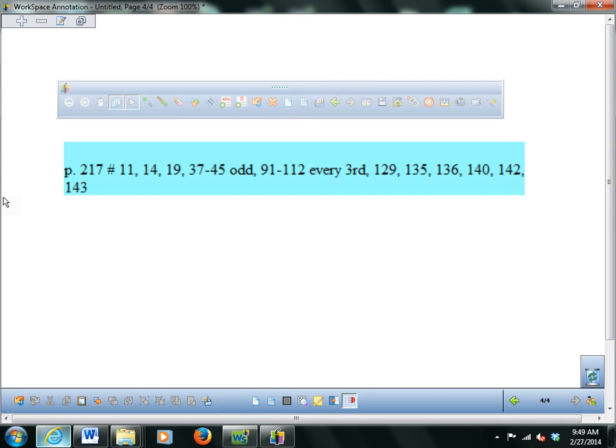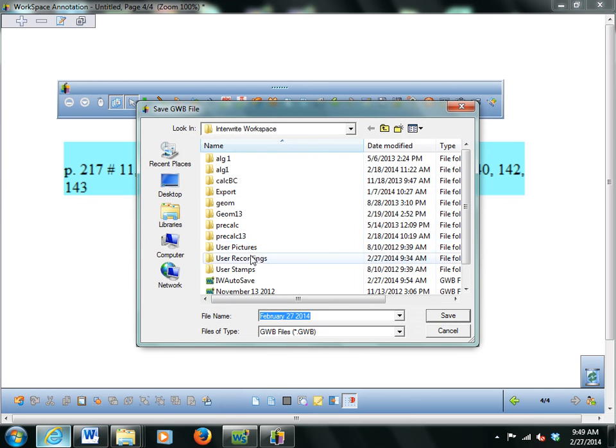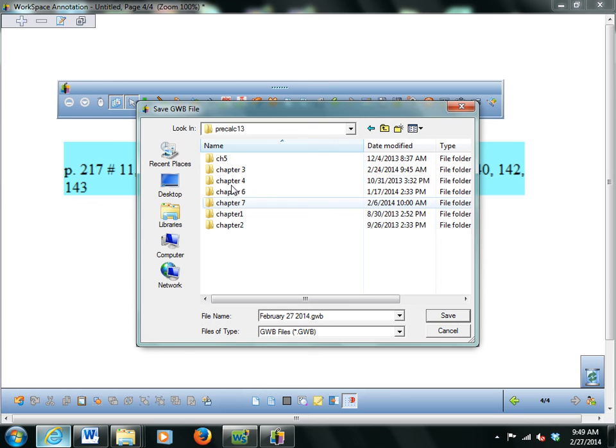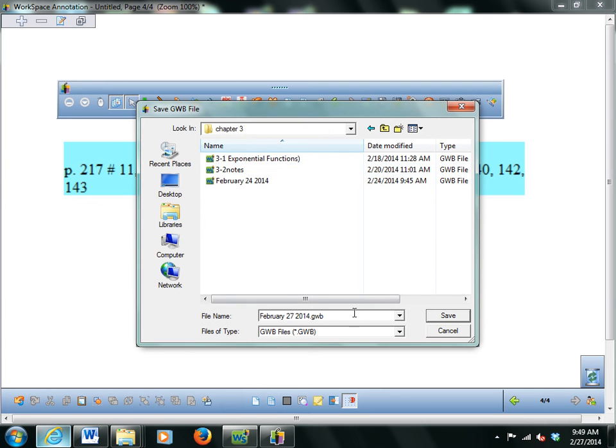So it's the breakthrough value. Easy. Log base 10.